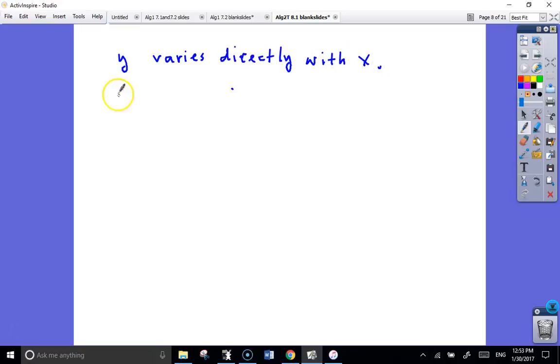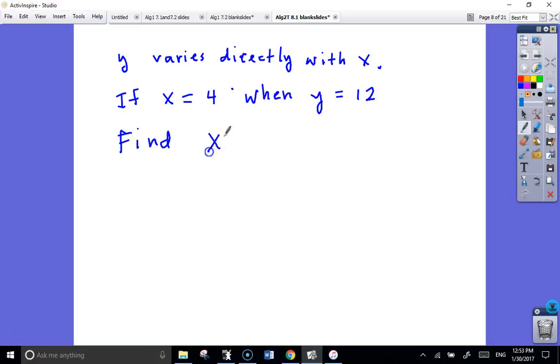If x equals 4 when y equals 12, find x when y equals 24.